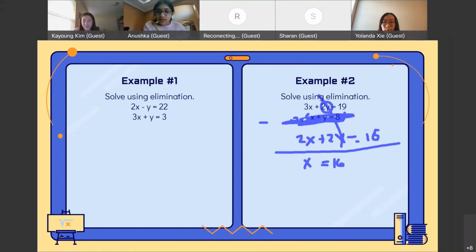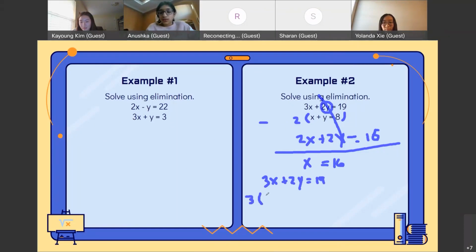So if we go back to 3x plus 2y equals 19, if that's the case, then 3x times 3 would be 48. So that would be 48 plus something times 2 equals 19.